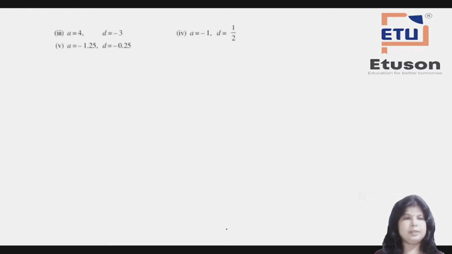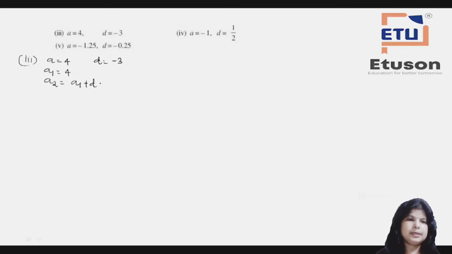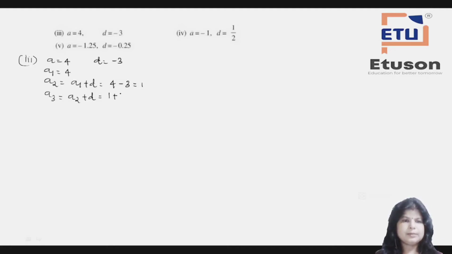Now bit 3. So in bit 3, you have A is equal to 4 and D is equal to minus 3. So your A1 is 4, A2 is A1 plus D, that is 4 minus 3, that is equal to 1. What is A3? It is A2 plus D, that is equal to 1 plus minus 3. That is equal to how much? That is equal to minus 2.